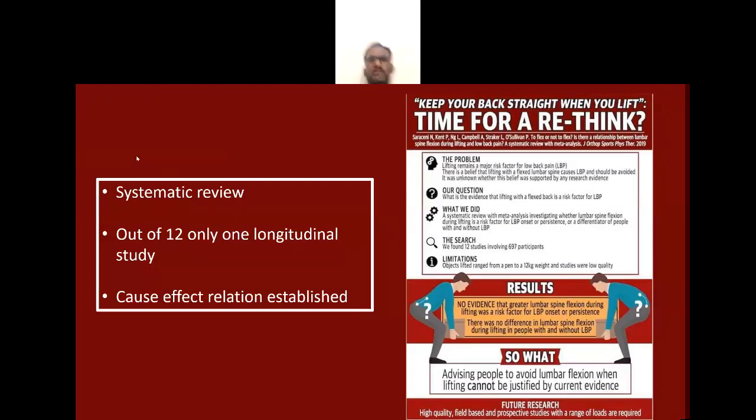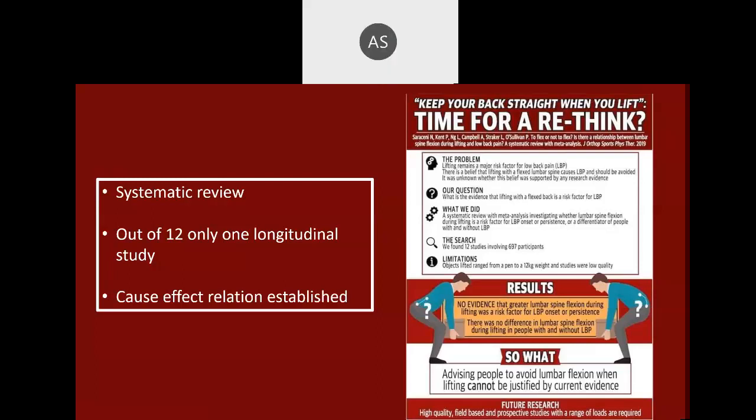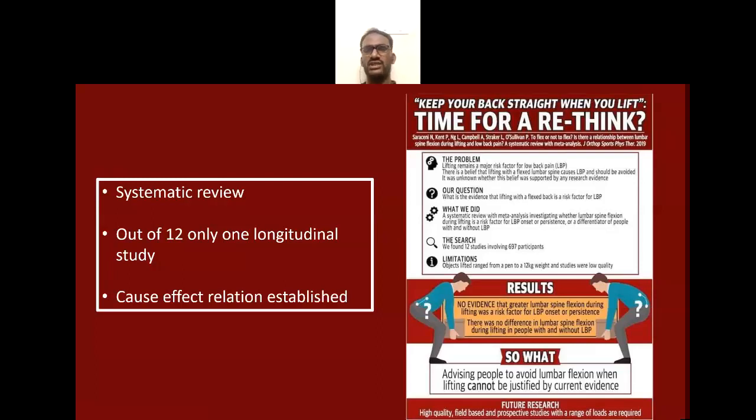I would like to quote this example. This was one of the very famous systematic reviews, which has been widely quoted and shared by everyone. In this systematic review, the researchers' question was whether lumbar spine flexion is a probable risk factor for low back pain.